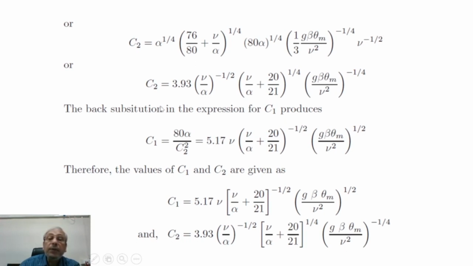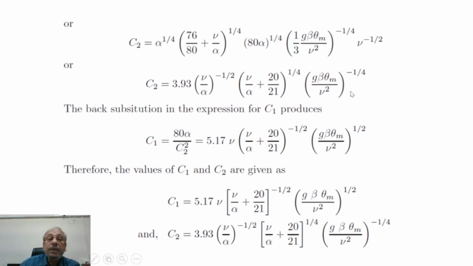So a little bit of rearrangement we do, and then we write C2 equal to 3.93 nu by alpha to the power minus half into nu by alpha plus 20 by 21 to the power 1/4, G beta theta m by nu square to the power minus 1/4.